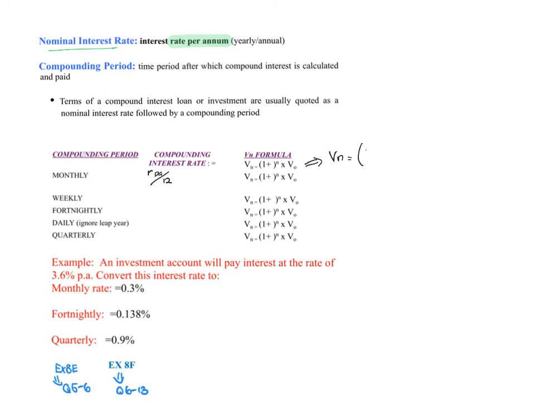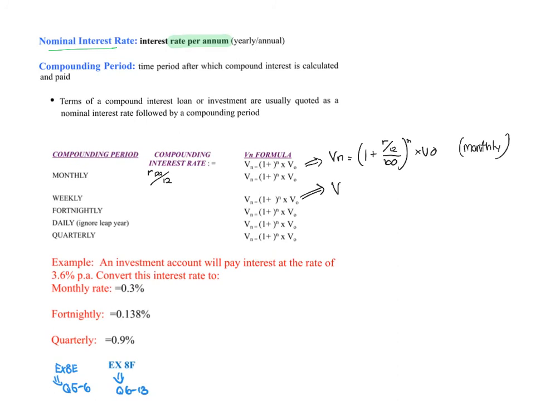It should be 1 plus the rate divided by what? If it's monthly, it'll be 12 over 100 to the power of n times V0. Okay, so if it is, I'm just going to write in brackets, monthly, there.